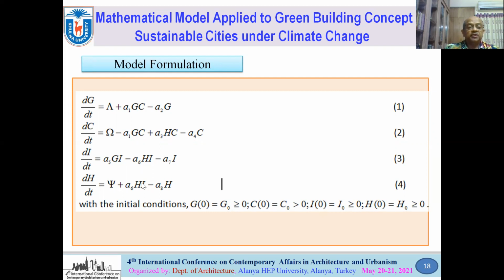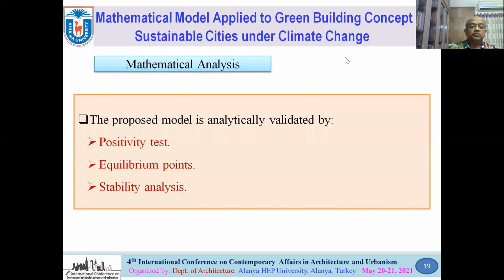So this mathematical problem should first be verified analytically, because every equation should have a unique solution, and the solution should exist and be unique. This is called existence and uniqueness, and this is the well-posedness of the model. So the well-posedness has been verified using a positivity test, equilibrium points analysis, and stability analysis analytically.